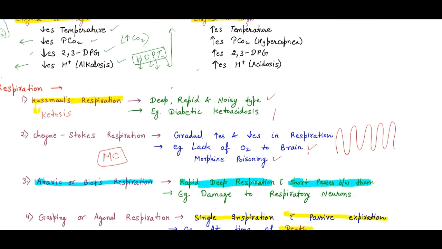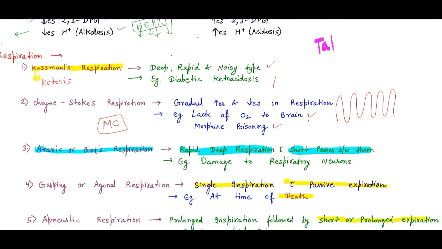Take these respirations five times a day. Just remember, or chant them: Kussmaul is deep, rapid and noisy; Cheyne-Stokes is gradual increase and decrease in respiration; ataxic or biot is rapid deep respiration with short pauses between them.